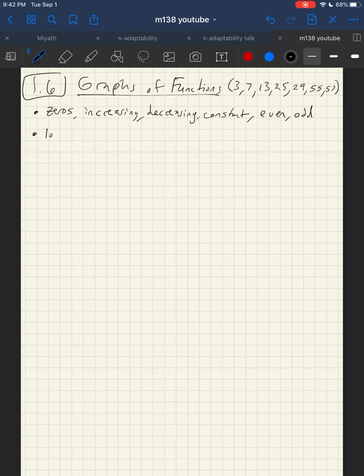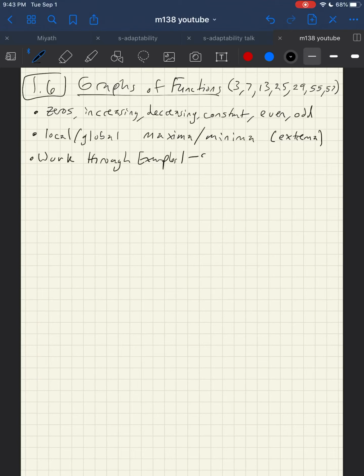And then we're going to have what I'll call local and global maxima and minima. And these are more generally called extrema. Okay, so I'd also like for you to work through examples 1 through 4 in the book.